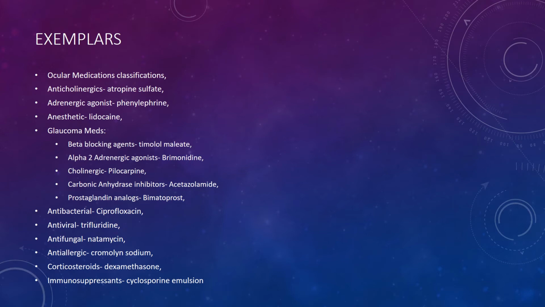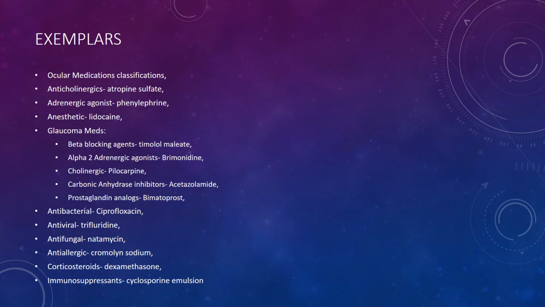Okay, so here are our exemplars, and I know it seems like a lot. I guess because it is a lot, but some of these we have already talked about. So we've got the ocular medication classifications, of course, the anticholinergics, which is our atropine, our adrenergic agonist, which is phenylephrine, anesthetics, which is lidocaine, and then we have the glaucoma medications, which is our beta blockers.